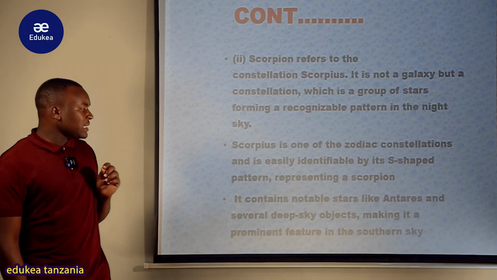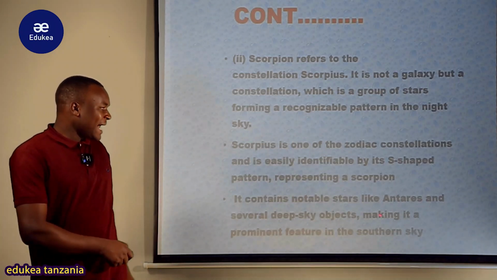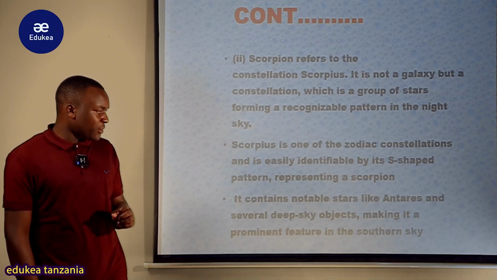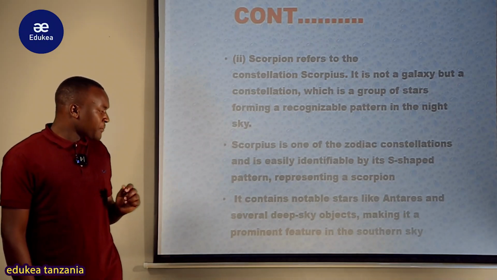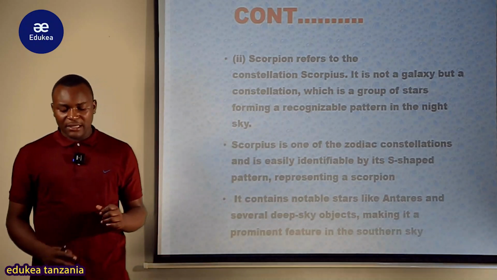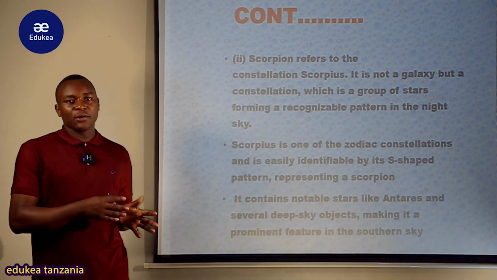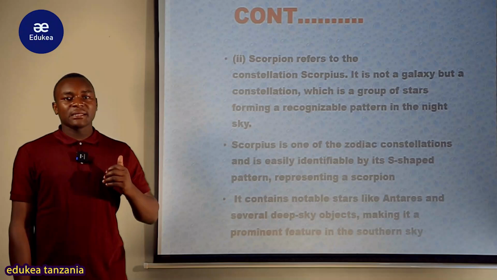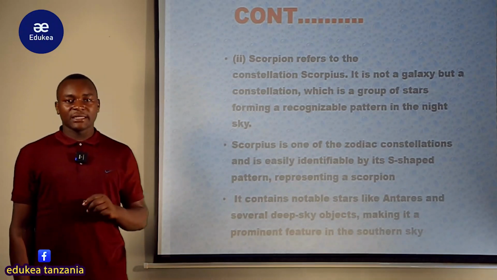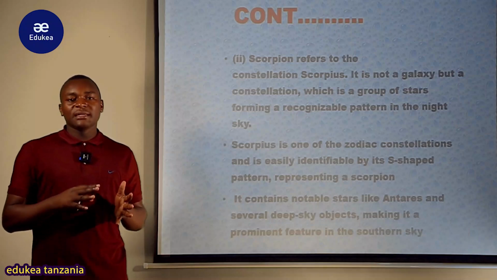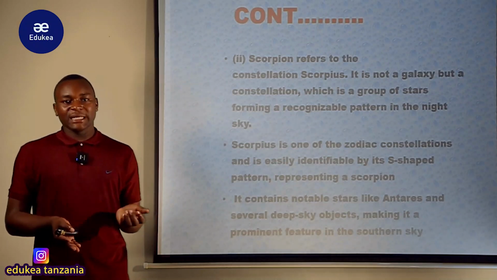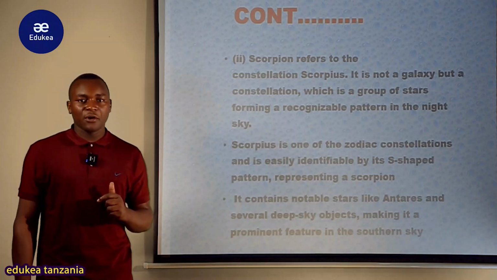It contains notable stars like Antares and several deep sky objects, making it a prominent feature in the southern sky. So it is a constellation known as Scorpius, and it is not a galaxy because it is just a group of stars forming a shaped pattern which refers to a scorpion.